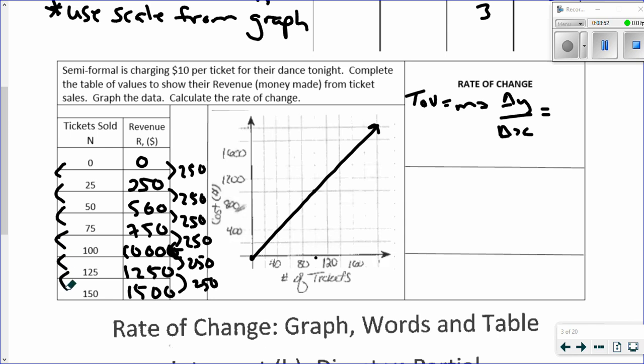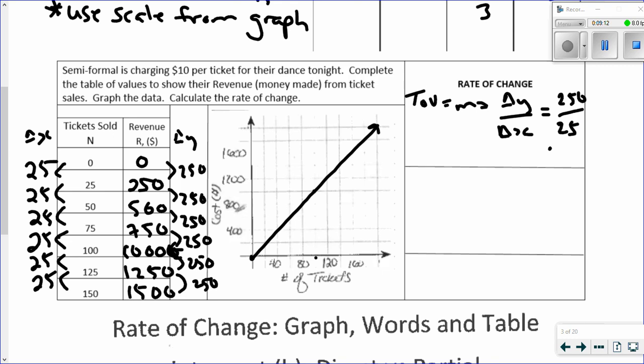We have assumed that it was just a 1, but we also learned that if it's not, we got to deal with that. So we found delta y there, delta x here. So when we come in and sub in, 250 divided by 25 equals $10 per ticket, which is good because that's what we know, $10 per ticket.